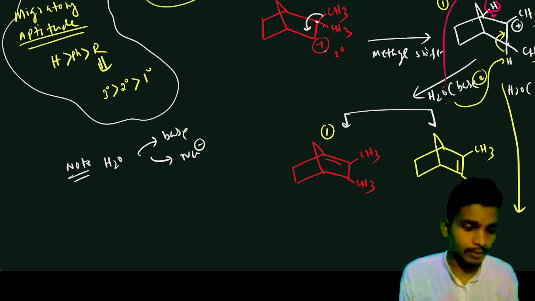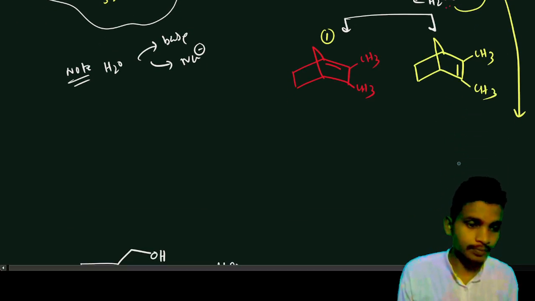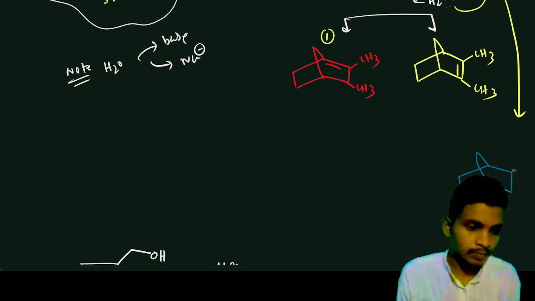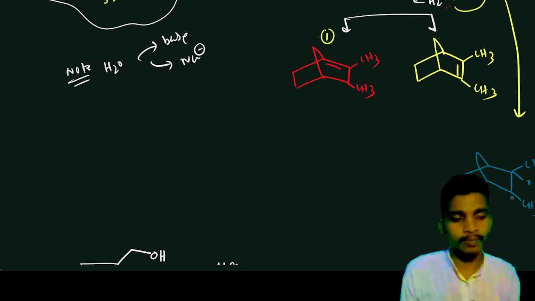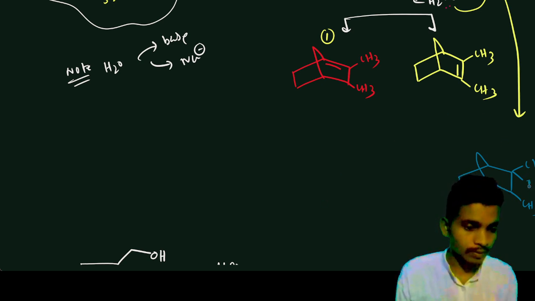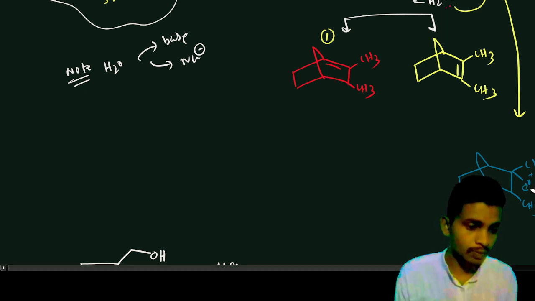It means water will give the product. Here CH3 is there, here CH3 is there, and here we will get water OH, because the water comes and becomes positively charged, then it leaves like this, so OH will be there.